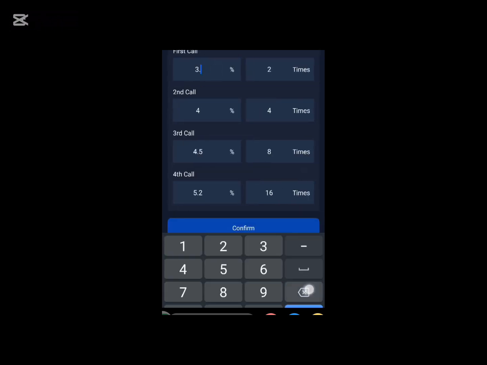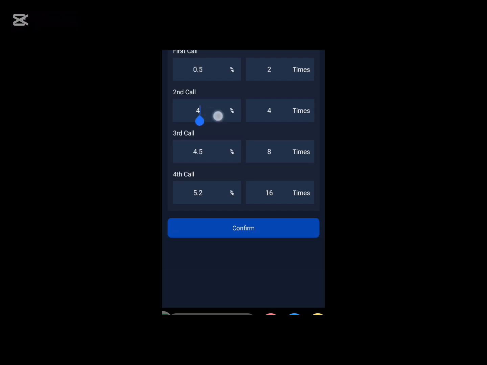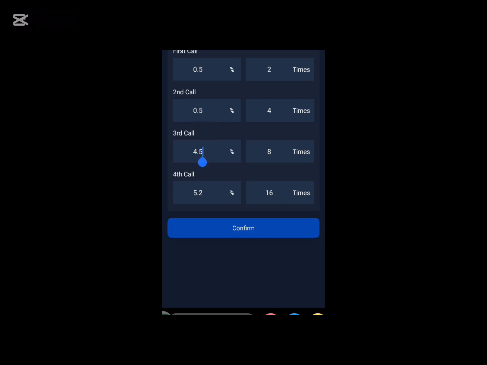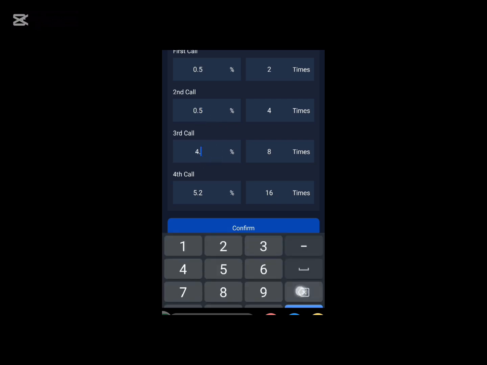So each time I say that if the market drops by 0.5, buy for me the first time. If it drops by 0.5 again, buy for me. If it drops by 2%, buy for me. If it drops by 3%, buy for me. This account is for $50 capital.